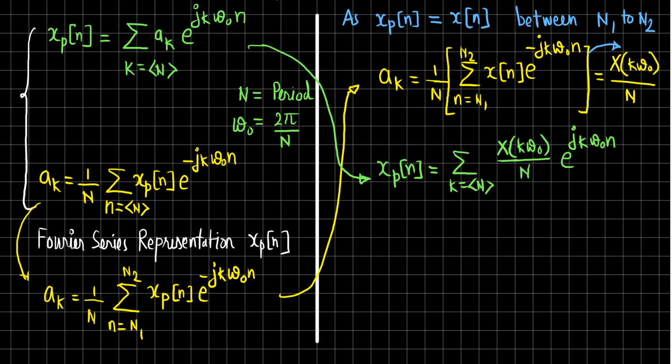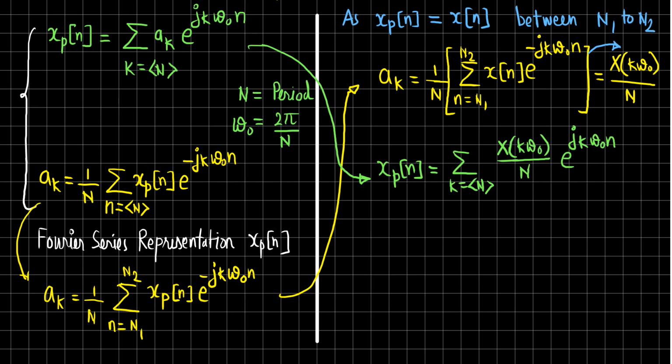Now this equation here, that is x_p of n, we have represented in terms of capital X of k omega naught by N, and just because this capital N is constant, I may take it outside, and what we are left with is this capital X of k omega naught times e power j k omega naught n. Let's observe this expression here.